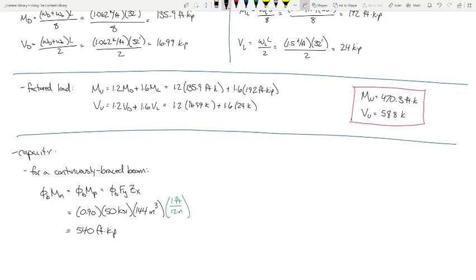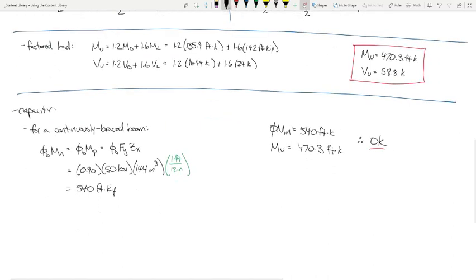So phi Mn is 540, Mu is 470.3, so therefore, that's okay.